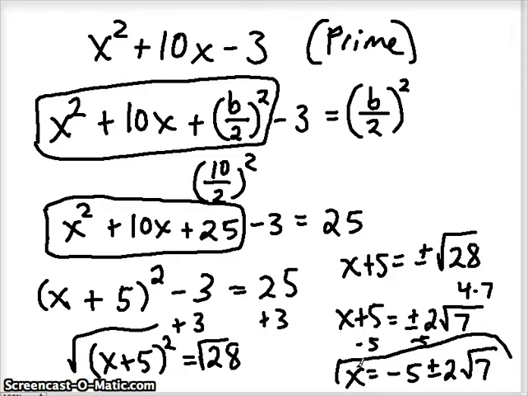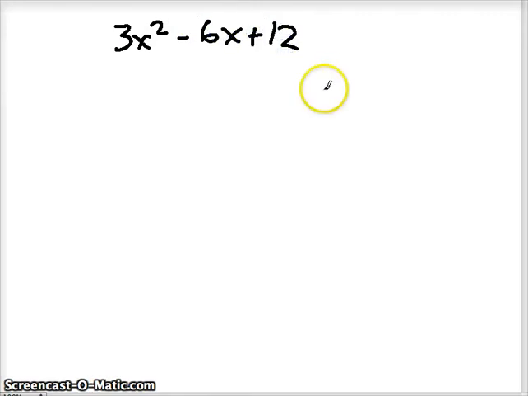All right, let's do another example here, because this is tricky. Let's do 3x squared minus 6x plus 12. Now, if you noticed on that last example, a was 1.